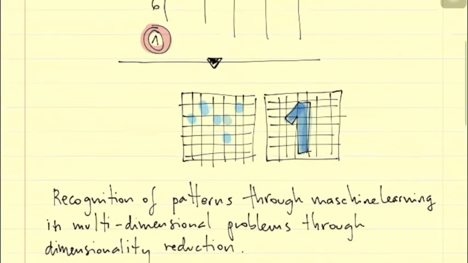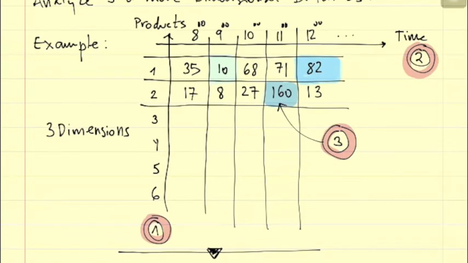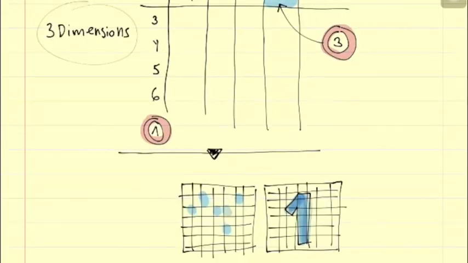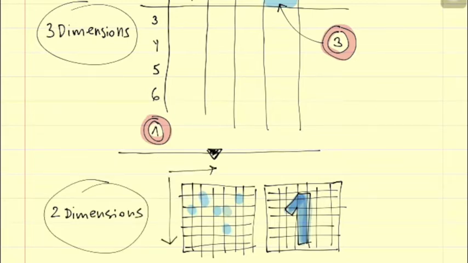Why dimensionality reduction? Because as you see, this here is a three-dimensional problem, but we represent it in 2 dimensions. Only 1 and 2. Okay.